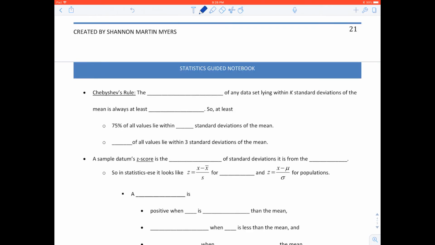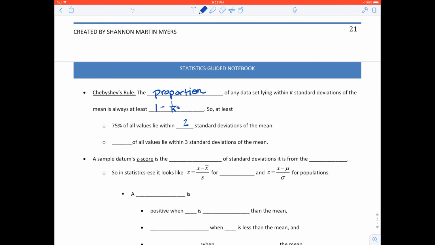Chebyshev's rule: the proportion of any data set lying within k standard deviations of the mean is always at least 1 minus 1 over k squared. So at least 75% of all values lie within 2 standard deviations of the mean.